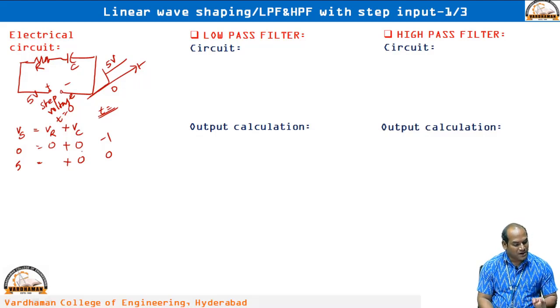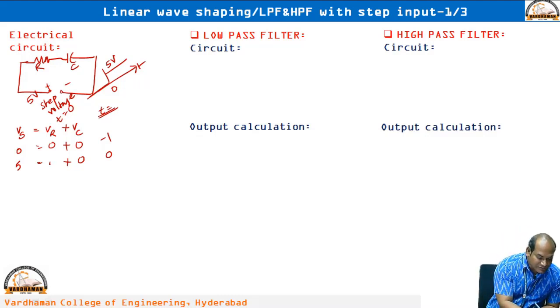Okay. But KVL has to be satisfied. If you observe the KVL definition, it may be t is equal to -1, t is equal to 0, or t is equal to 1 second, 2 seconds, 10 seconds; at any time KVL has to be satisfied. That means Vs must be equal to Vr plus Vc. Now Vs is 5 and Vc is not taking that voltage, that means Vc is 0. So, to satisfy KVL, Vr must be 5.